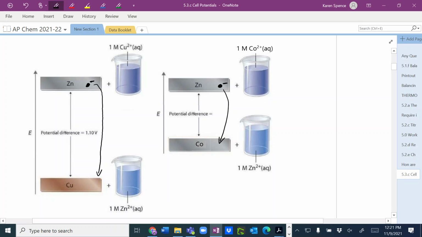So the potential difference for these two is 1.10 volts, and the potential difference here is only 0.51 volts. So far, so good. You do not need to memorize any of these potential differences because you get your chart, which is on the last page of your data booklet.